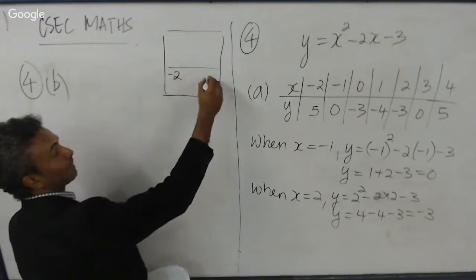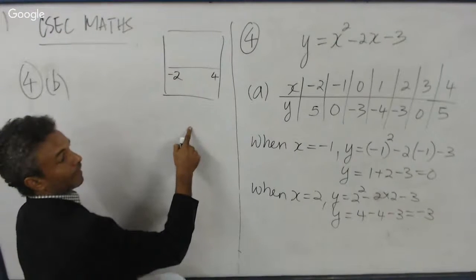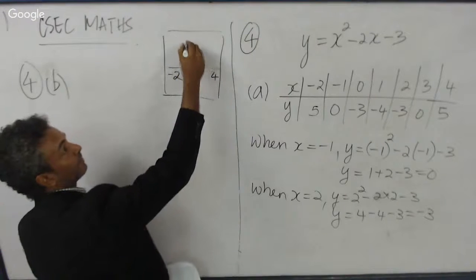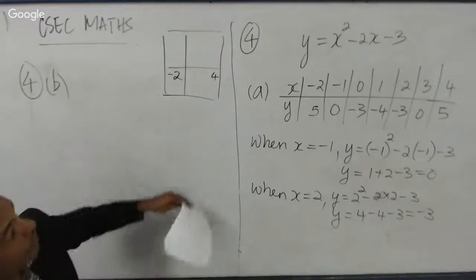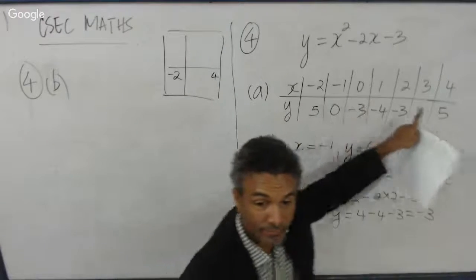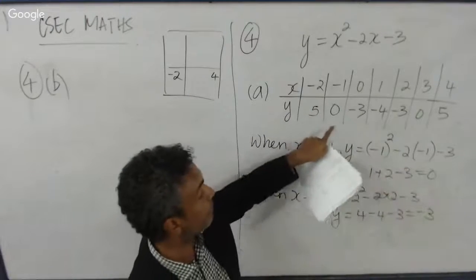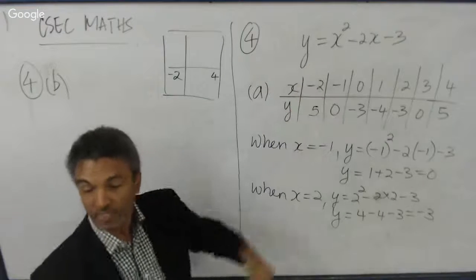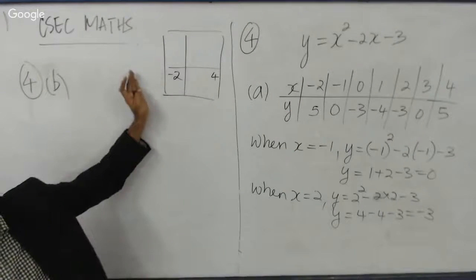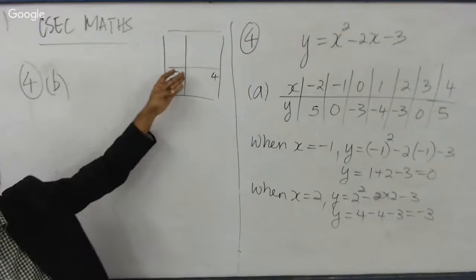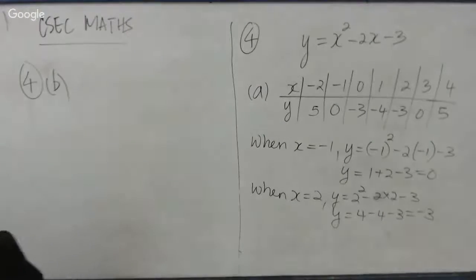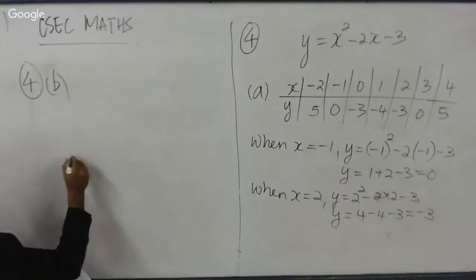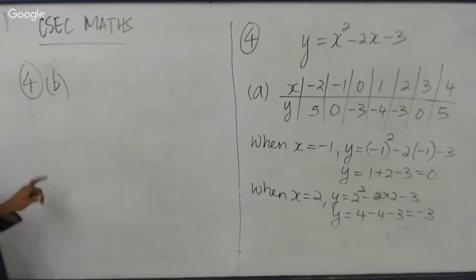You have -2 to 4, and then -4 to 5. So you need negative and positive x values and y values. When you draw, make sure the graph can hold the curve. You don't want to wait until you plot the curve and realize it didn't fit.